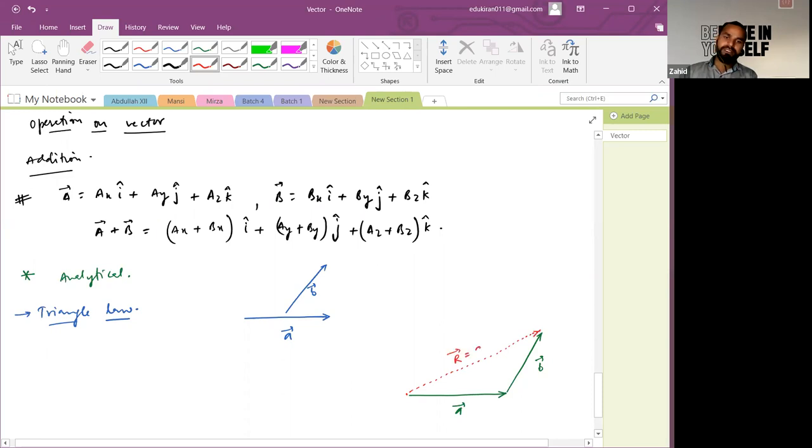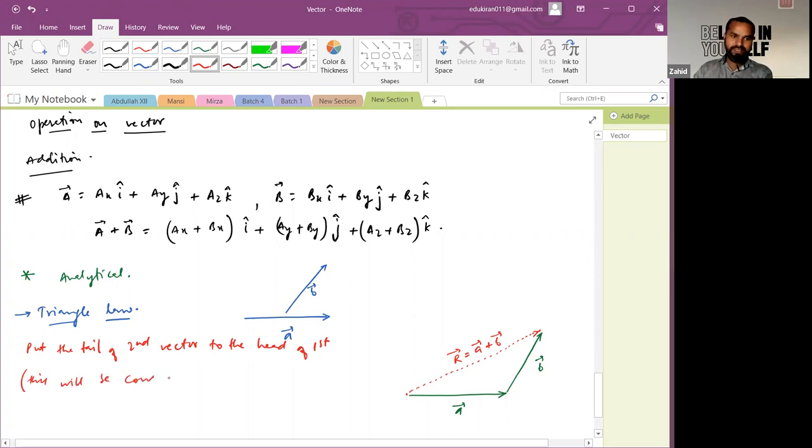So this will be the resultant of A and B. So this is called triangle law, which means put the tail of the second vector to the head of the first. This will be termed as consecutive vectors.